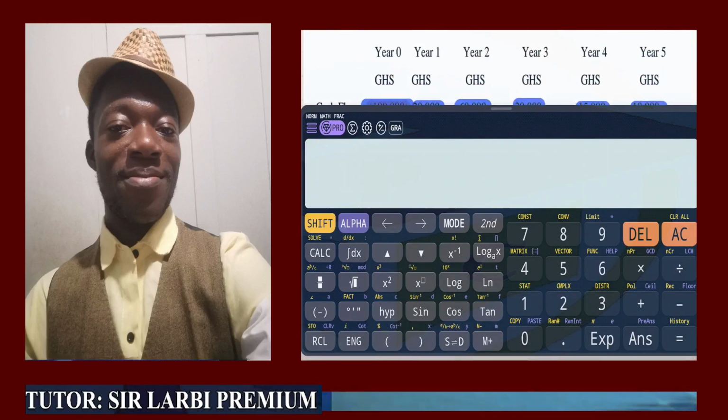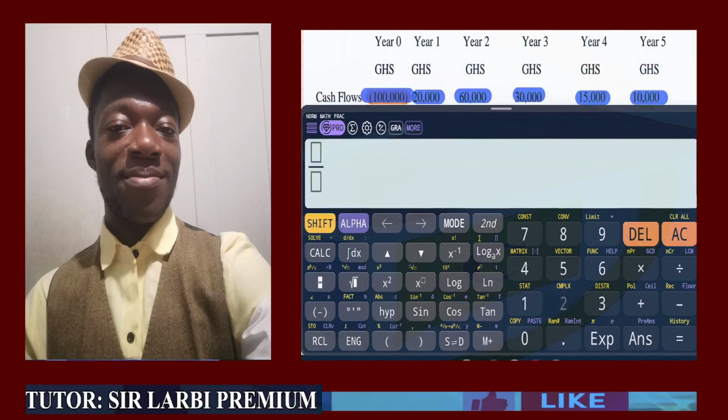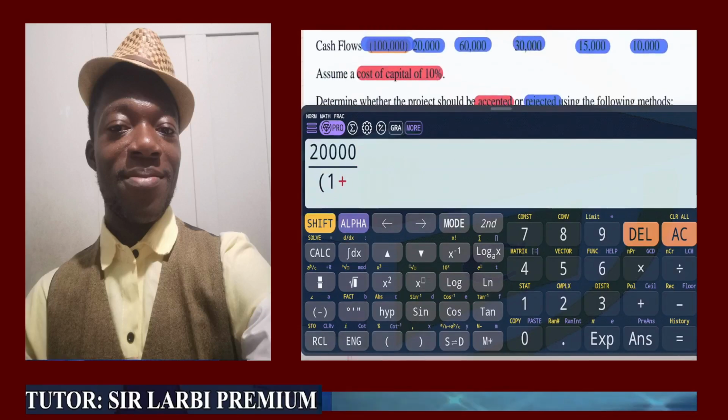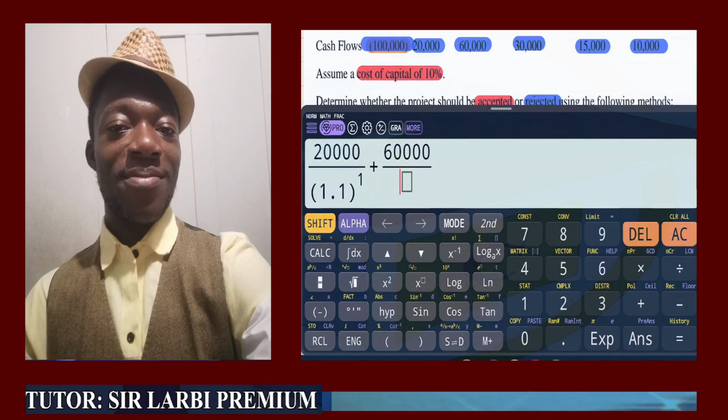Year one is 20,000, so we have 20,000 divided by 1.1 to the power 1. Then we follow the same rule for the next year: year two is 60,000, divided by 1.1 to the power 2.